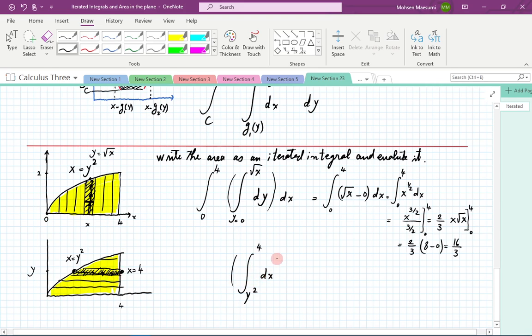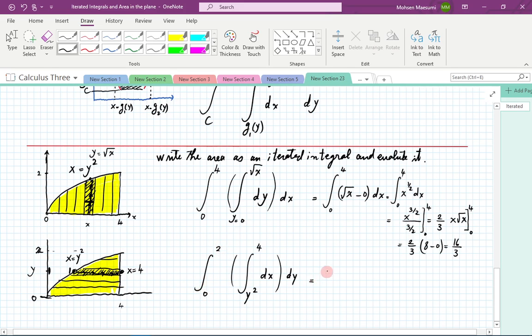If I take all of this, which is how long this slice is, and multiply it by dy, so dy is how thick this slice is, I take that, multiply by dy, and my y starts at the lower value of 0, and the highest value of the y is 2. So my outer integral goes from 0 to 2.